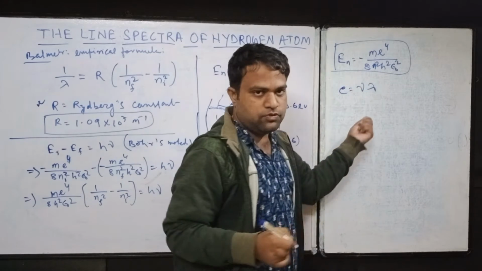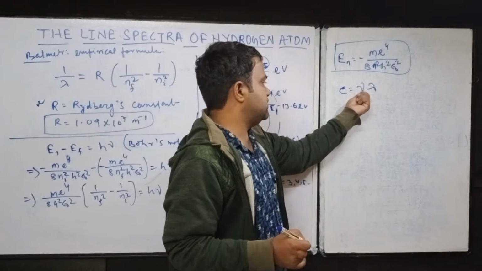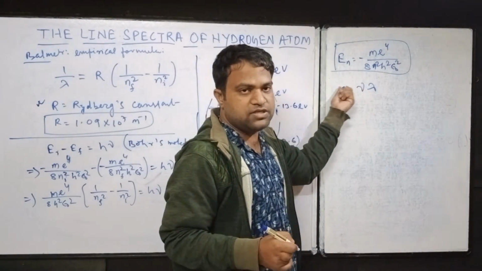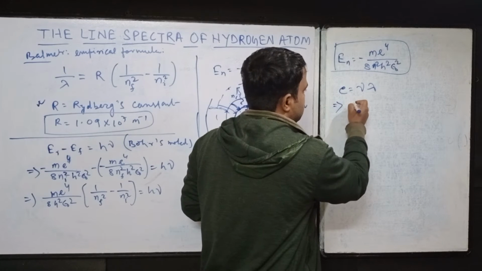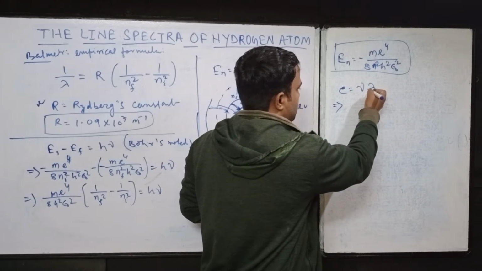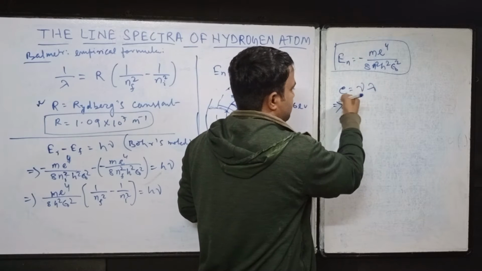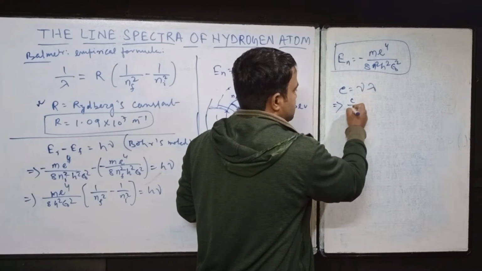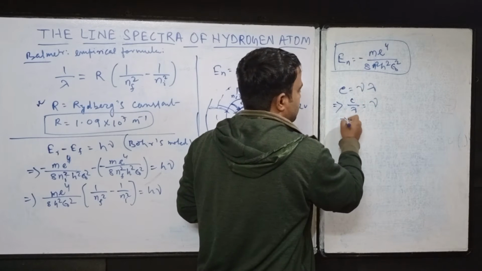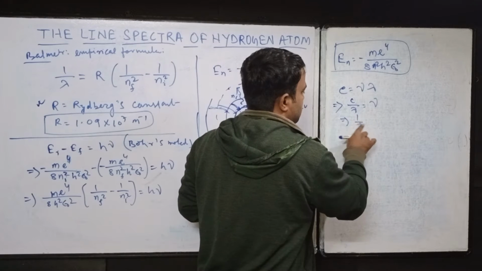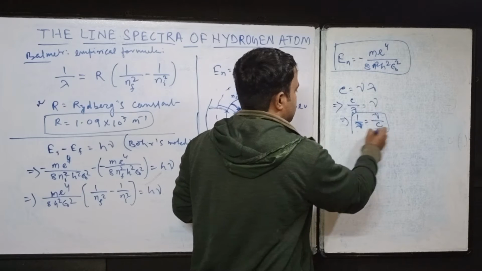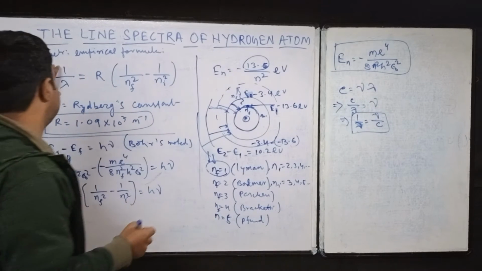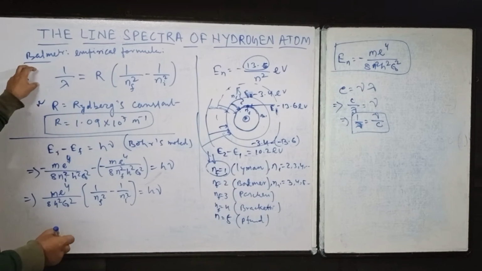This is the wavelength, and associated with it the frequency, equal to the speed of light. So from here, if you divide by lambda, c by lambda equals nu, or you can say 1 by lambda equals nu by c. So 1 by lambda you can replace with nu by c, right?